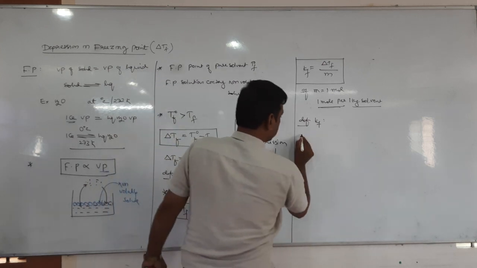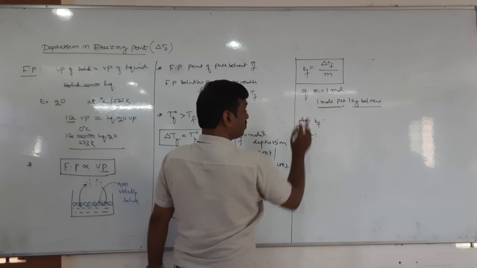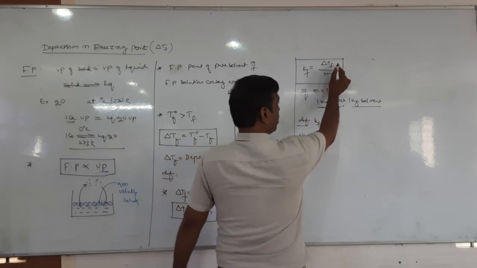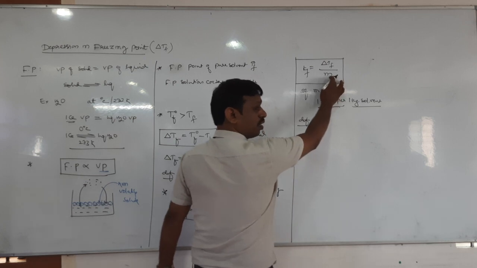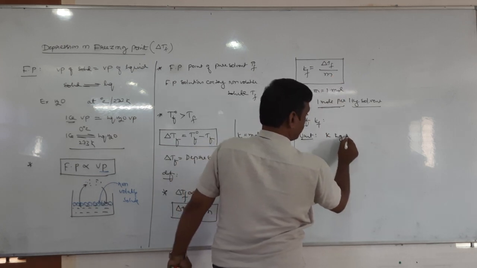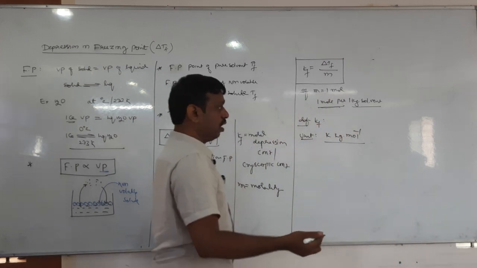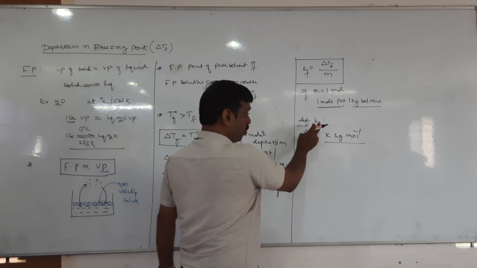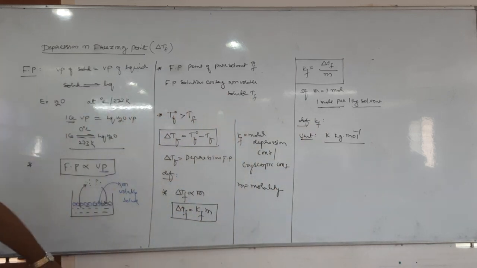Next, what is the unit of Kf? Tell me. Delta Tf is in Kelvin, and molality is mole per kg. Therefore, the unit is Kelvin kg per mole. That means both Kb and Kf will have the same units.